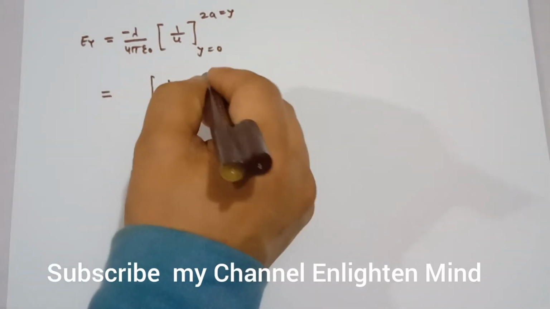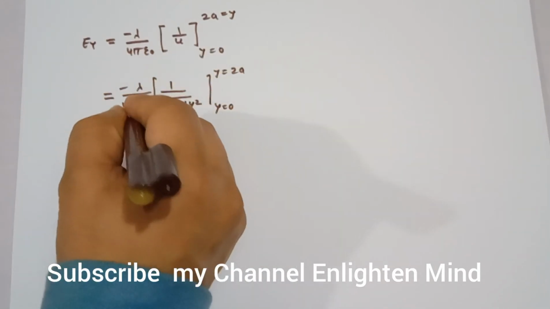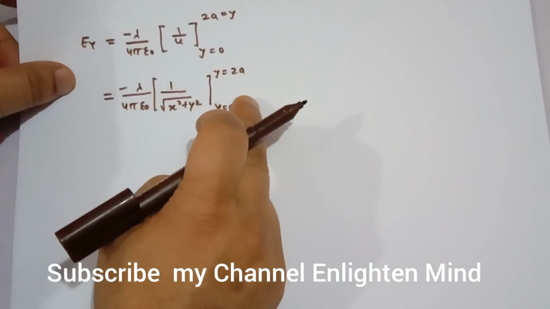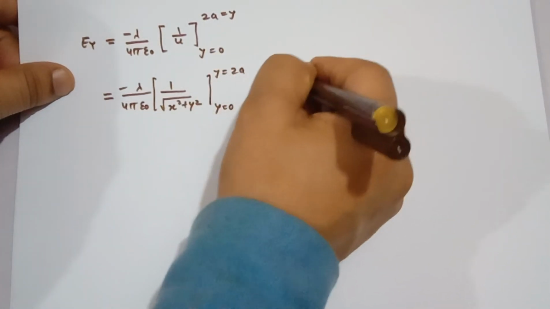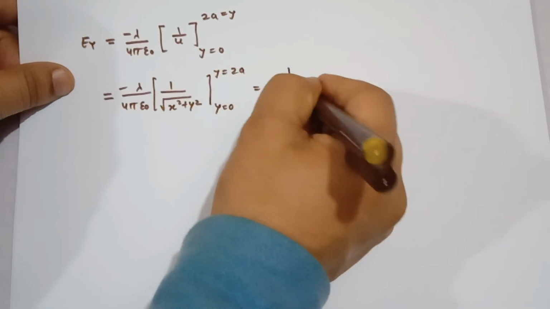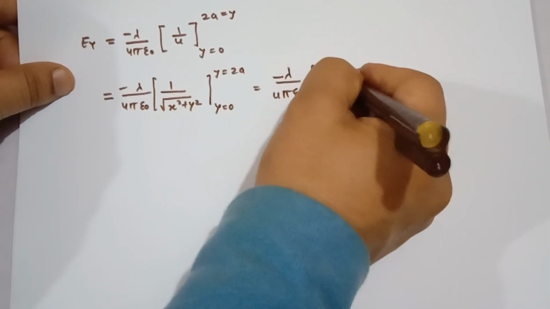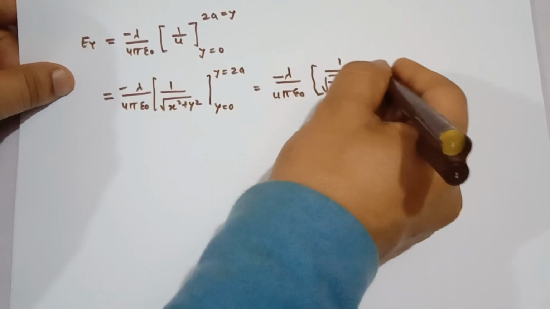Okay, and then y is equal to 0 and y is equal to 2a, so minus lambda divided by 4 pi epsilon naught. Now basically you can put this value of y here and can find out what is the value for this. So that would be minus lambda by 4 pi epsilon naught, 1 upon square root of x square plus 2a whole square.